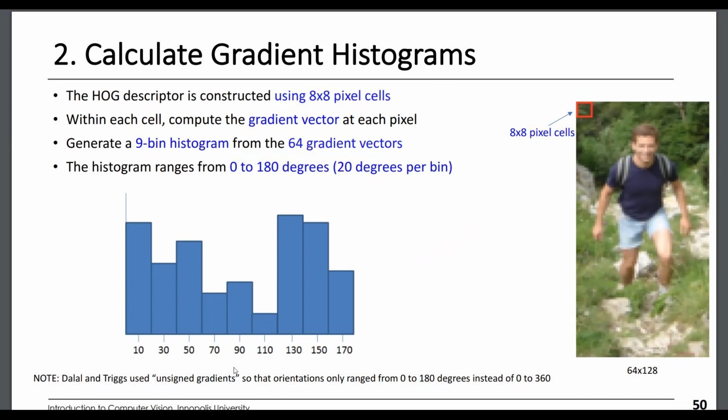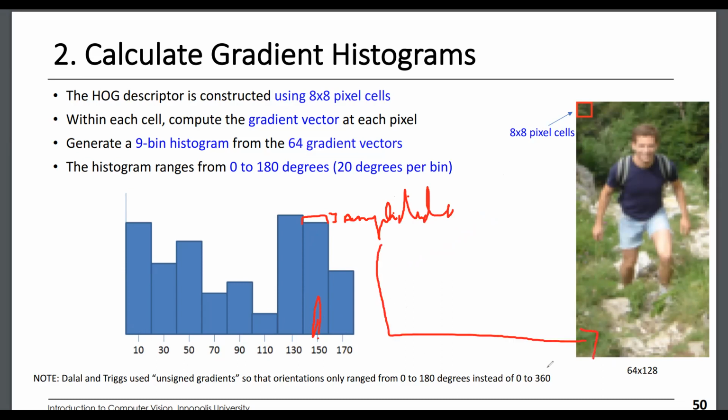So for example, I found a gradient with direction 150, so I put a vote at that point here. How much do I put? I put exactly the amplitude of my gradient. So this is how I create this histogram.